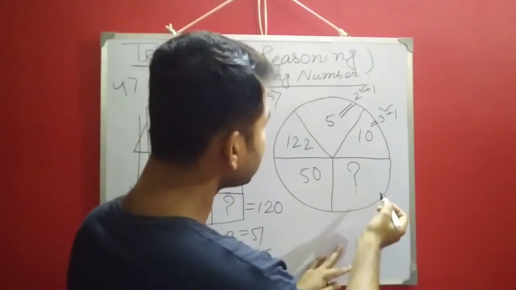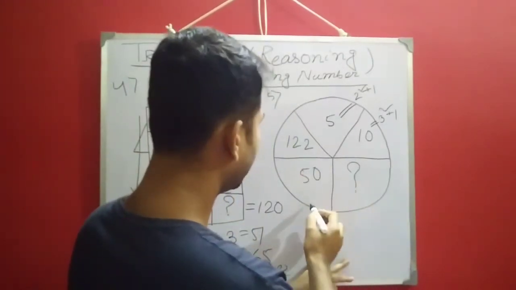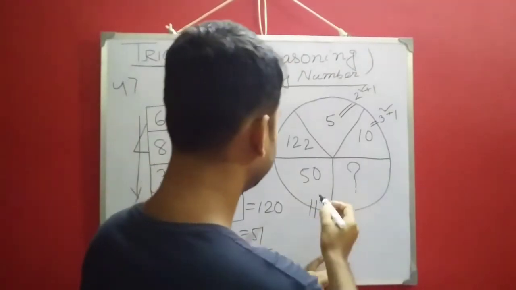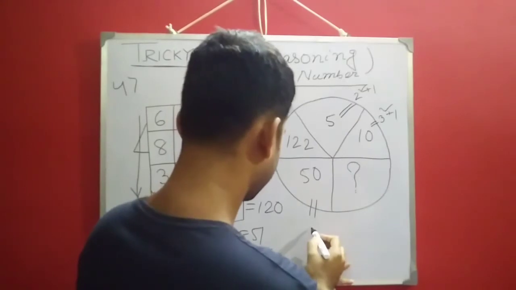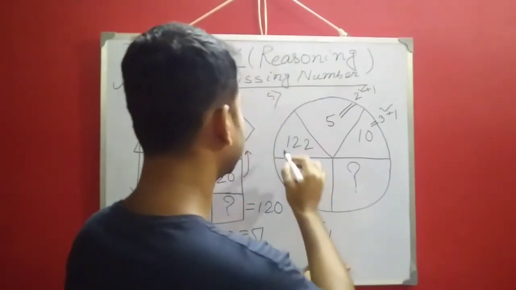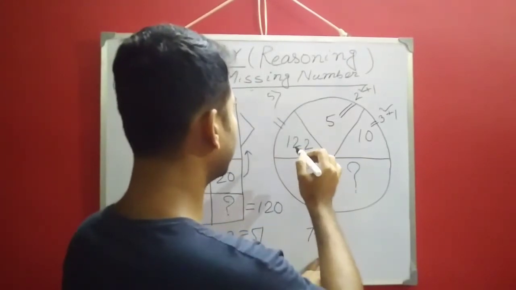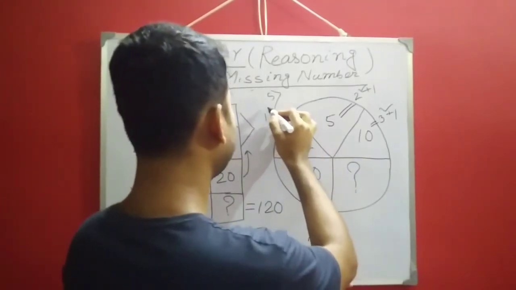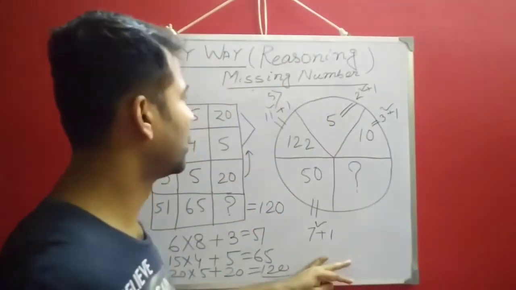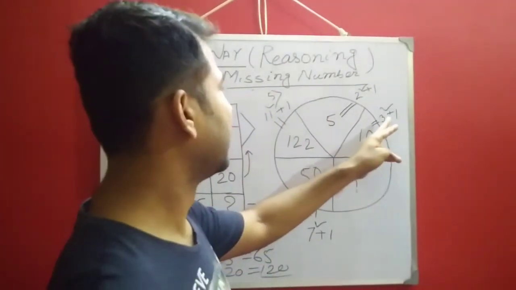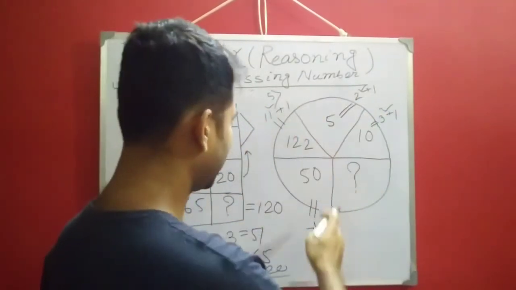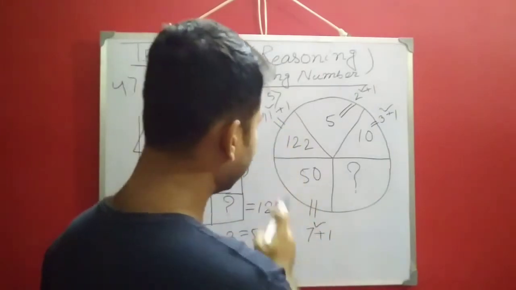Similarly, 50 equals 7 square plus 1, and 122 is equal to 11 square plus 1. So it is starting from 2, 3, and 11, 7.